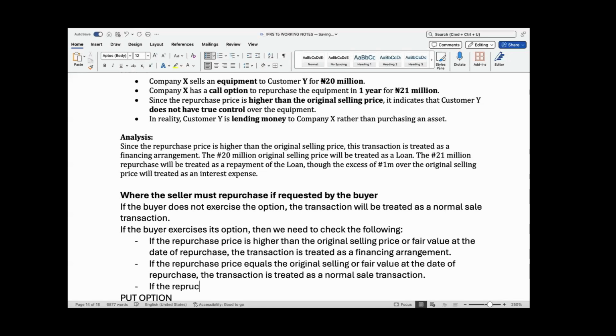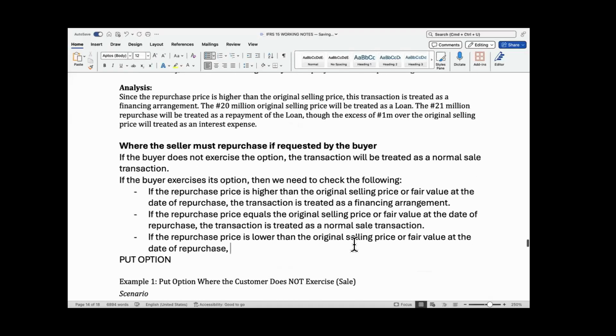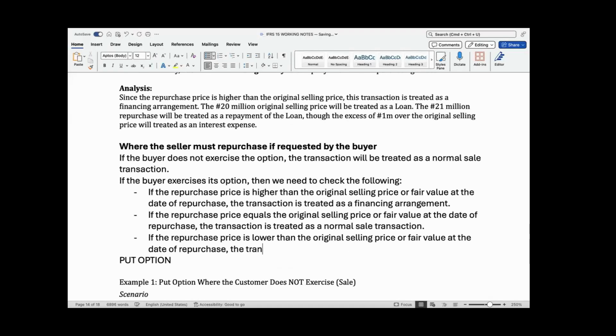But if the repurchase price is lower than the original selling price or fair value at the date of repurchase, in this case the transaction is treated as what?